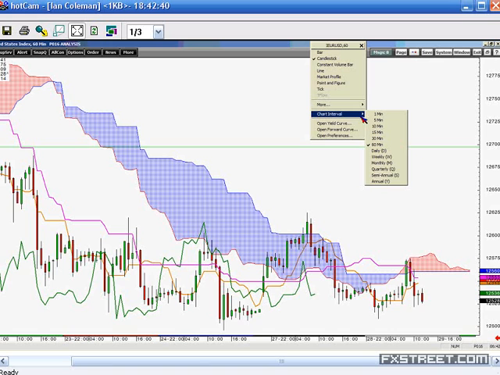Most decent chart packages should have Ichimoku on them. I used to use a system which is quite reasonably cheap, but very, very good, called ProRealTime Charts.